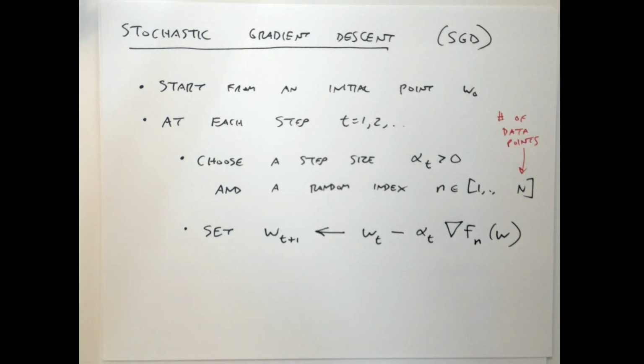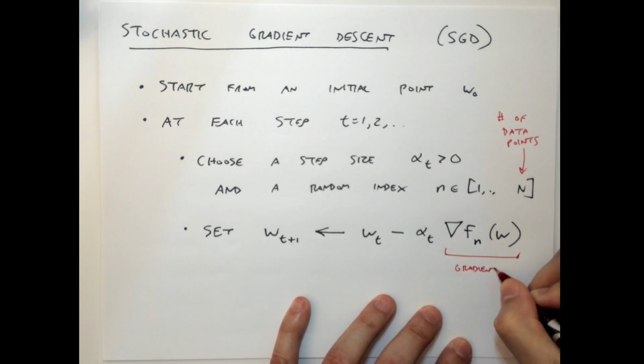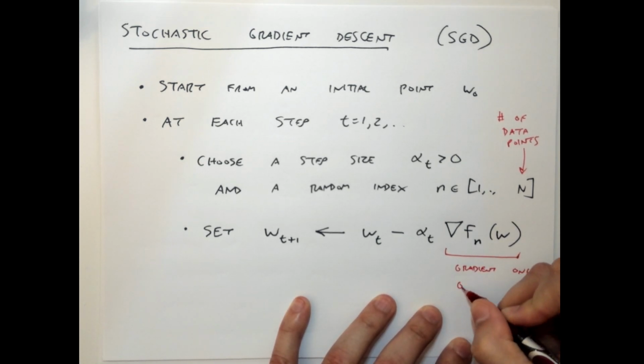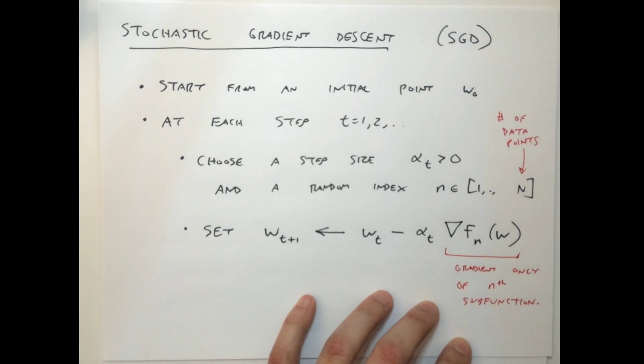So this is like saying I take the gradient only of this nth subfunction, not the full gradient.